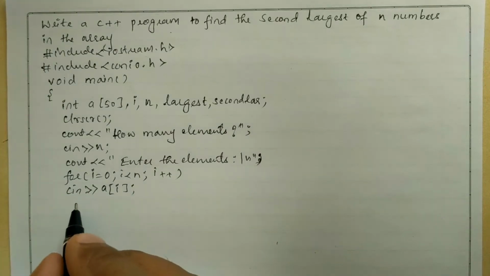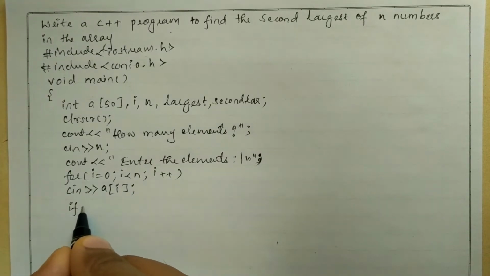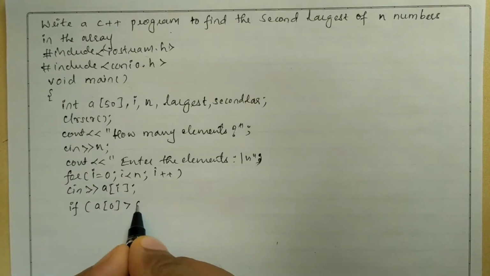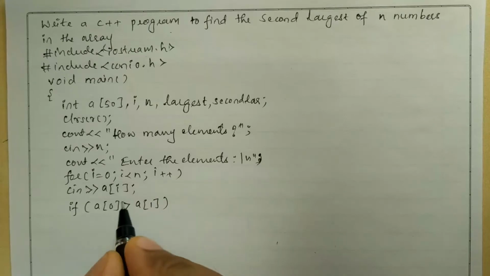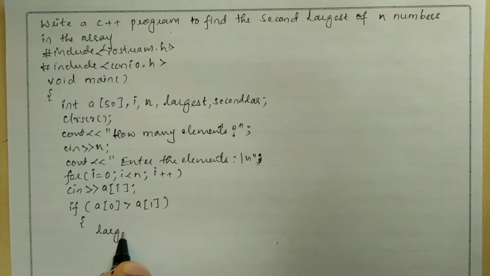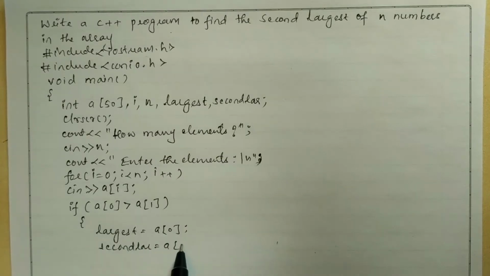After receiving the elements, we need to check if a of 0 is greater than a of 1. If it is true, then it has to initialize largest equal to a of 0 and second largest equal to a of 1, curly closing brace.